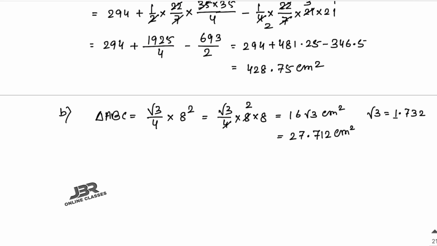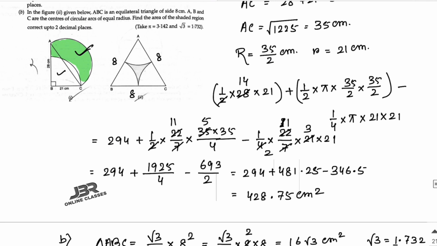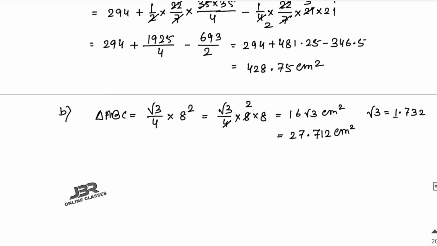Now next you have to find out the area of three equal sectors. First you have to find out the area of this sector, then the area of this one, and then the area of this one. So first, second and third, the area of these three sectors.